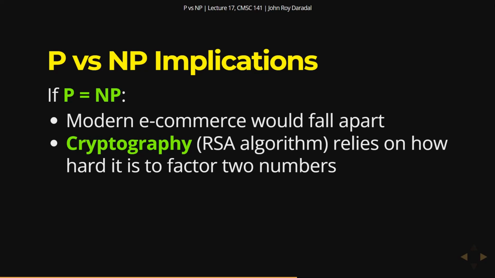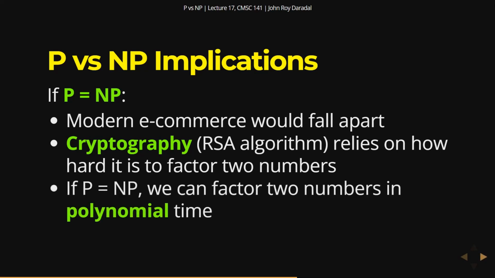So if the man in the middle attacks it, they don't know what the two keys are, so it's really hard to factor out the two numbers. But if P is equal to NP, it would make factoring two numbers really easy. Okay, because if you have non-deterministic polynomial time, then you can just guess the two numbers right away.